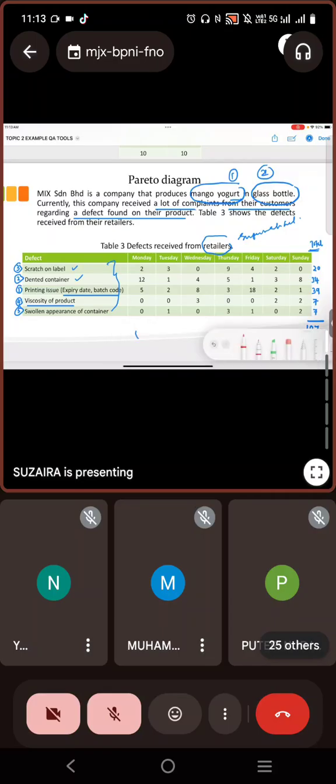So the percentage, this is not the cumulative percentage. The percentage for each, for example, 20 divided by 107.